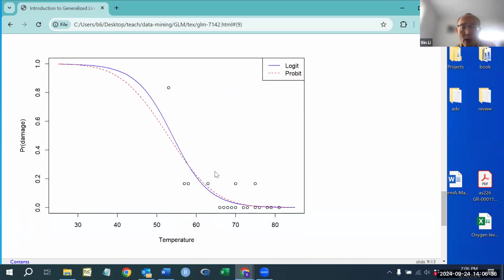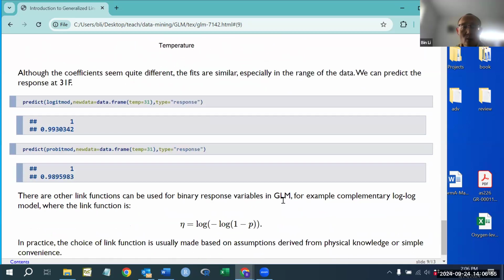But when we plot the curves, the blue solid curve is the logistic curve fitted by the model, and the red dashed one is the probit model. You can see the curves look almost the same. In terms of prediction, for the Space Shuttle Challenger launch, the temperature is 31.